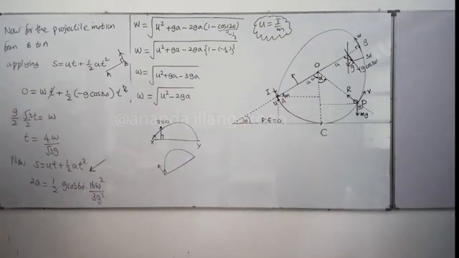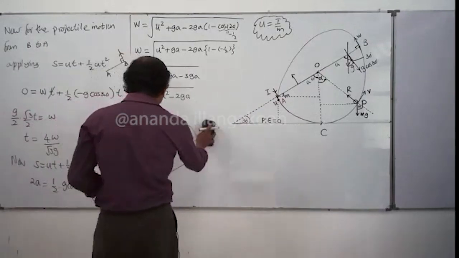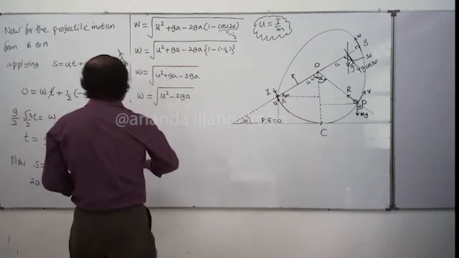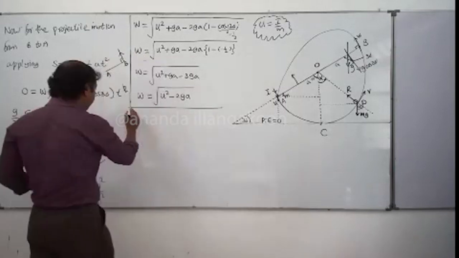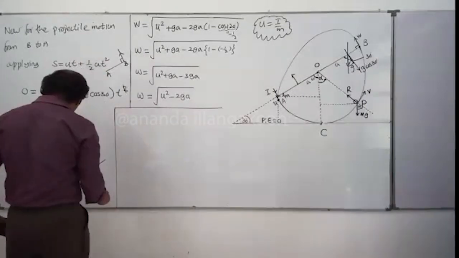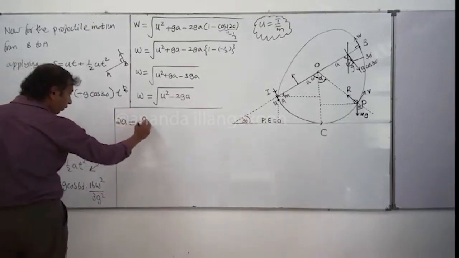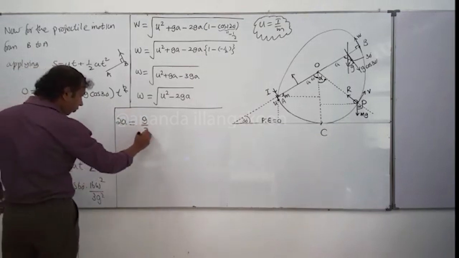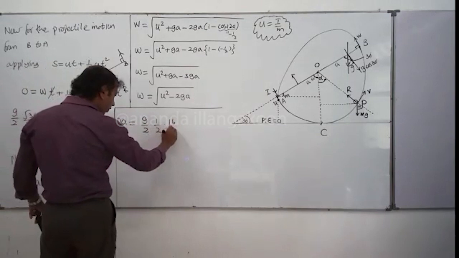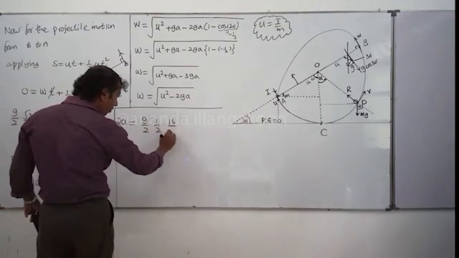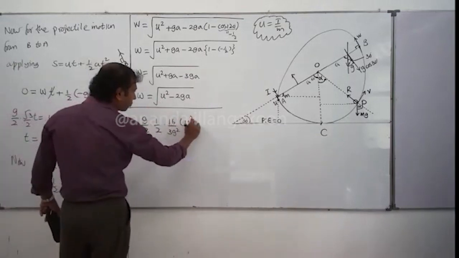Now, simplifying this, you get this answer. 2a equals g by 2 cos 60, which is another half, times 16 divided by 3 g squared, times W squared, which is u squared minus 2ga.